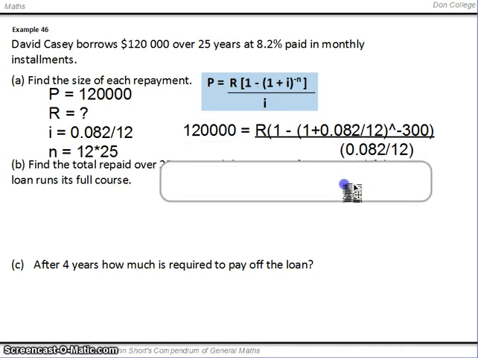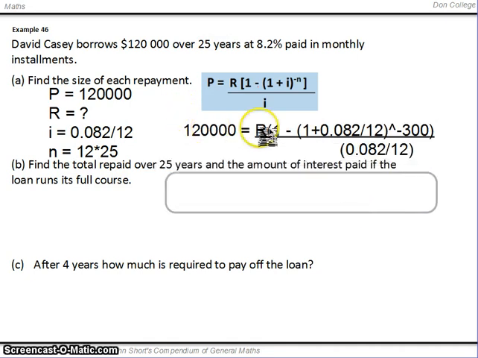Okay, so if we substitute into the formula, we get 120,000 is equal to R times 1 minus (1 plus 0.082 over 12) to the power of negative 300, so there are 300 periods remaining at the beginning, and divide by our interest rate there, 0.082 divided by 12.